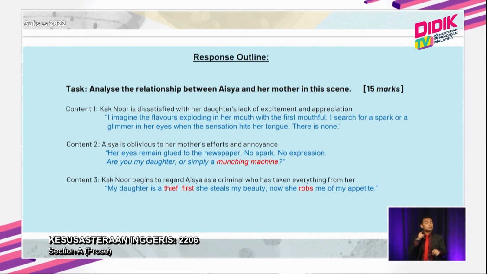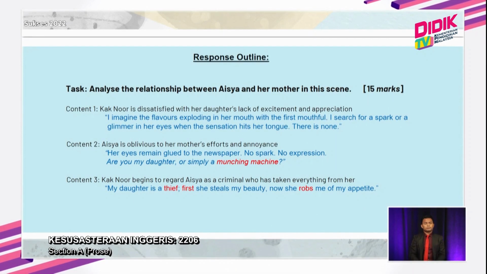So once we've read through the question, we've understood the passage, we break down into 3 content points, and we prepare our essay. All right? That would be a suggested response outline to how you would answer this question. 2, 3 possible content ideas, but obviously thoroughly discussed and answering all 4 assessment objectives.